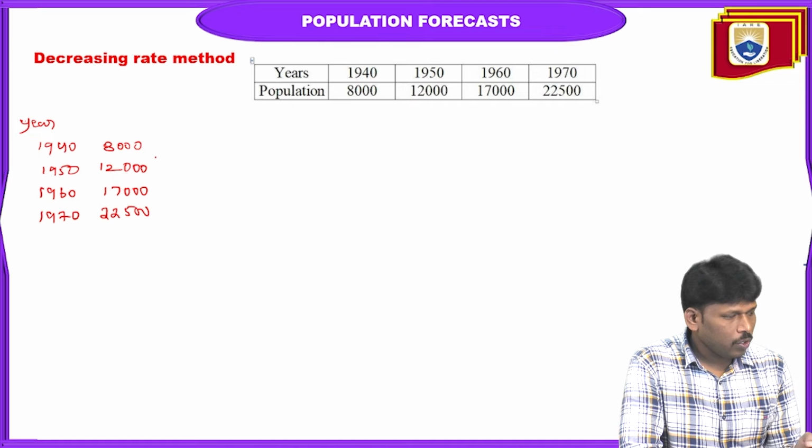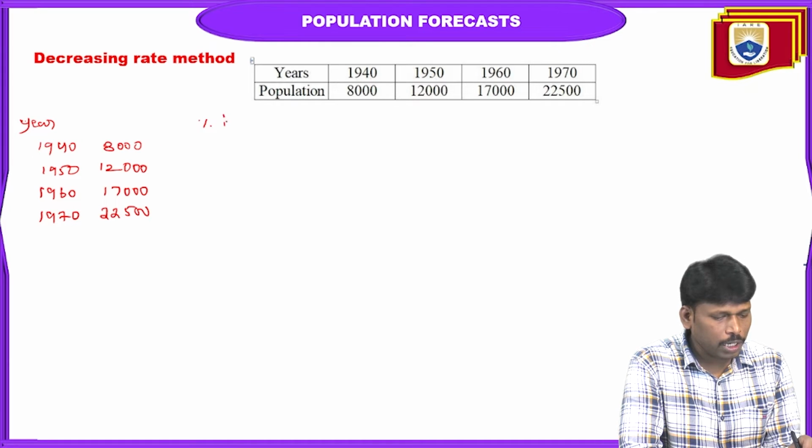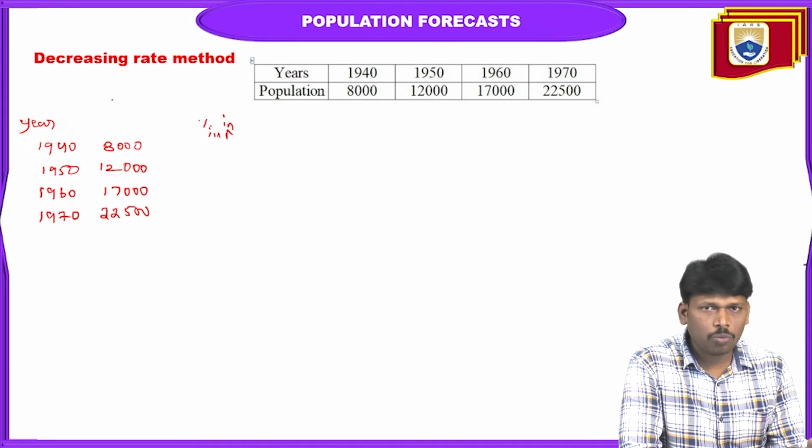In this, we need to calculate the percentage of increase in population. For 1940 we don't have any previous value, so we won't get any. There is no scope to calculate the percentage of increase between the previous decade and 1940. The second case, here we are calculating for 1950.